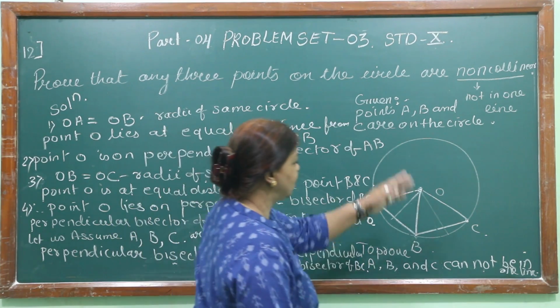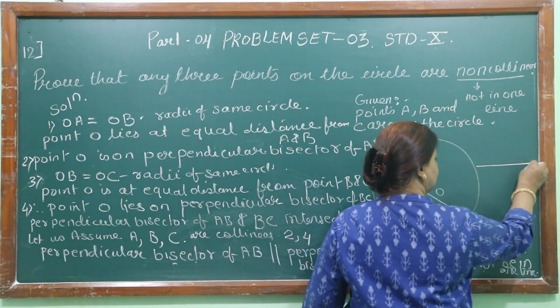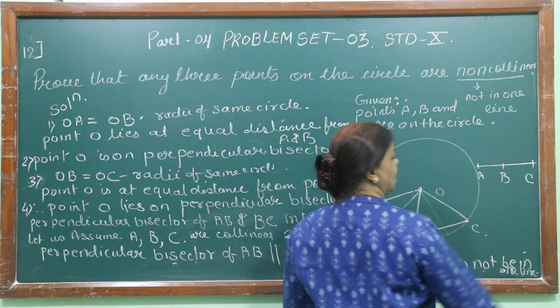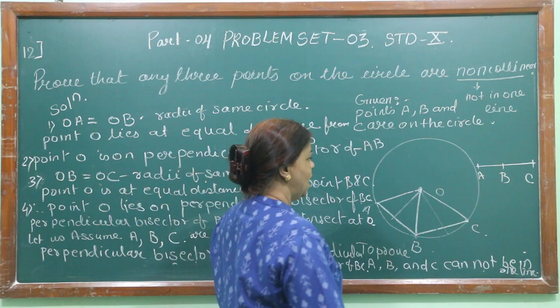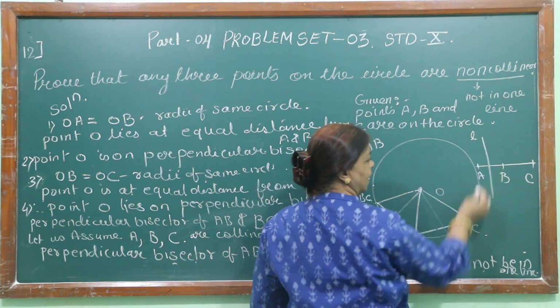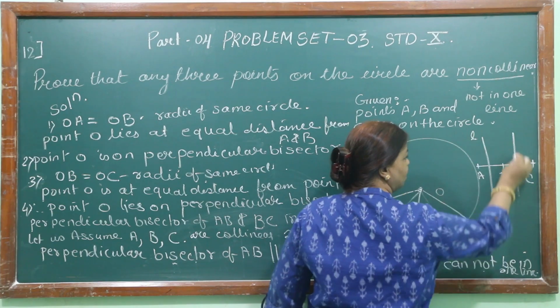Let me draw the figure here, children. See, this is point A, this is B, and this is C. I hope you can see clearly. And here is the perpendicular bisector. Let me write L.